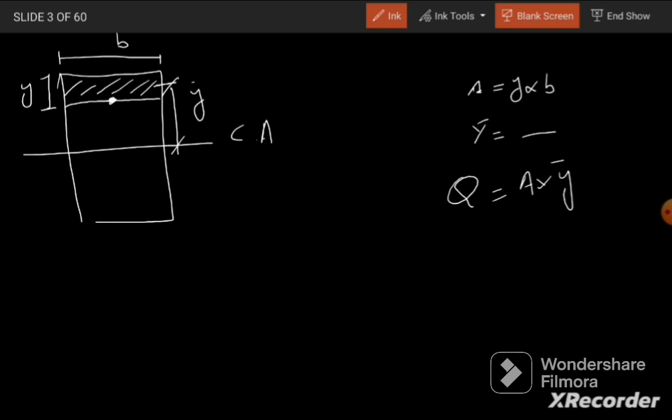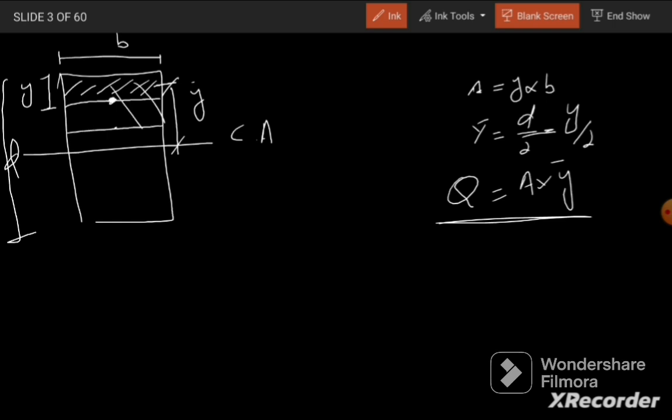If this is the total depth D, then this Y dash will be D by 2 minus Y by 2. So this will be our Y bar, and the first moment of area Q will be area times Y bar, where the area is B times Y. Similarly, if I want to calculate the Q value at another point, we need to consider all the area farther from that point, away from the centroidal axis.